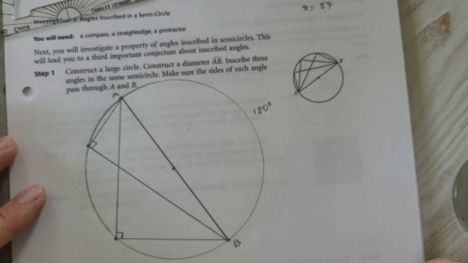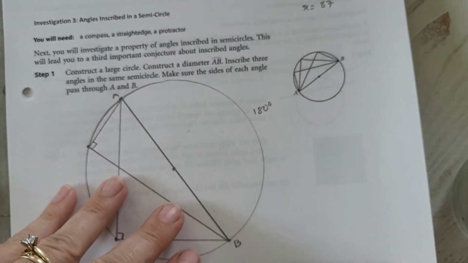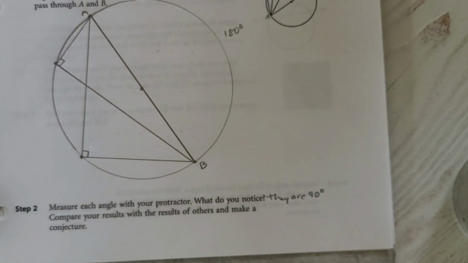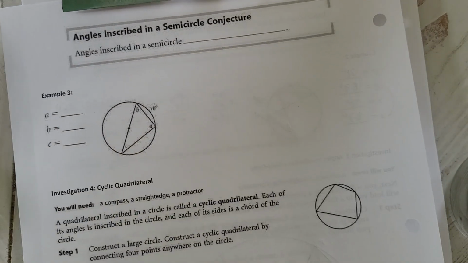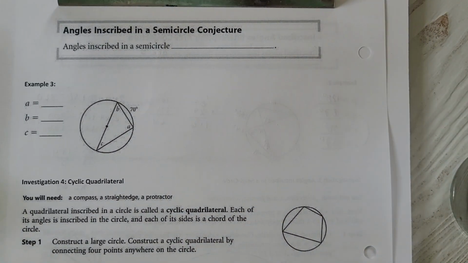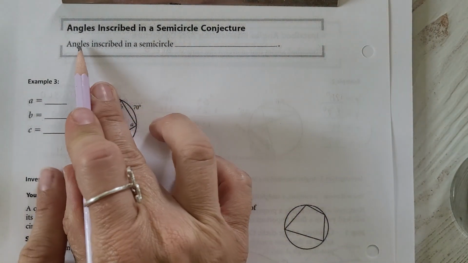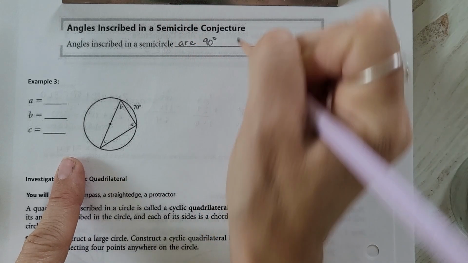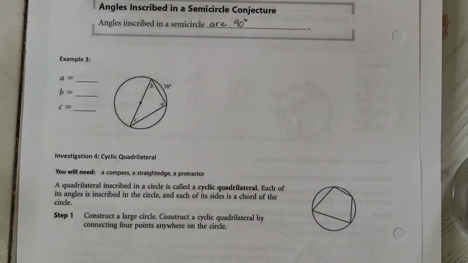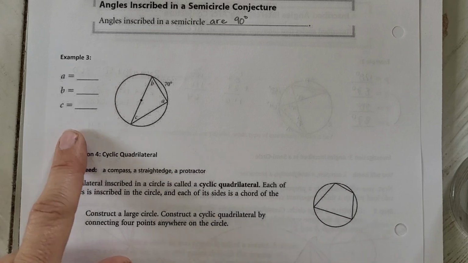They are 90 degrees. And so that conjecture, our inscribed angles in a semicircle conjecture: angles inscribed in a semicircle are 90 degrees, or are right angles.